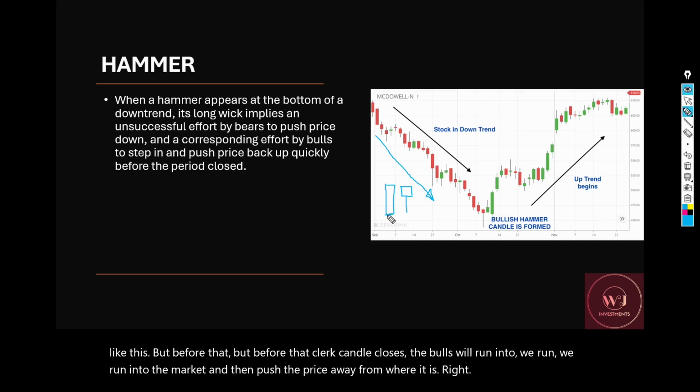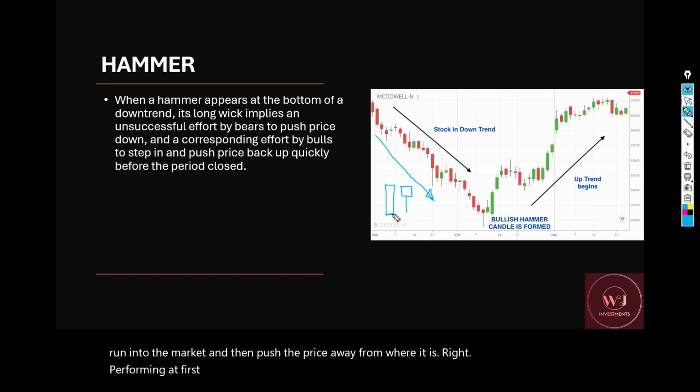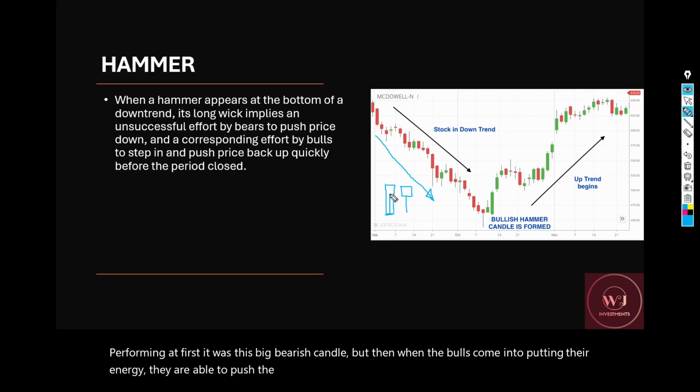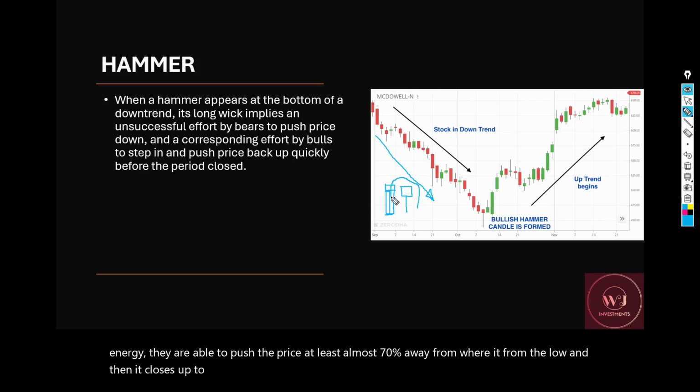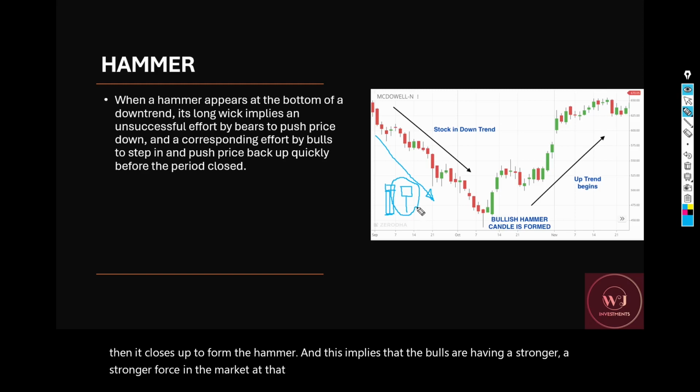At first it was this big bearish candle, but when the bulls come in to put in their energy, they are able to push the price almost 70% away from the low, and then it closes to form the hammer. And this implies that the bulls have a stronger force in the market at that current trading period. Okay, so this becomes a bullish candlestick pattern.